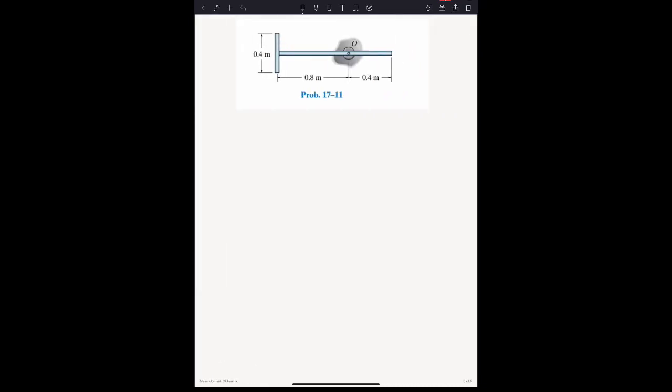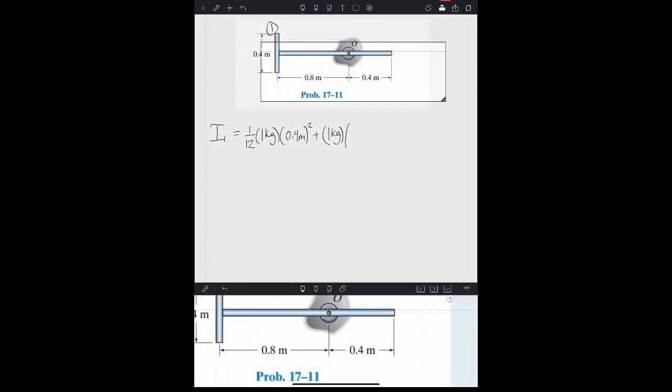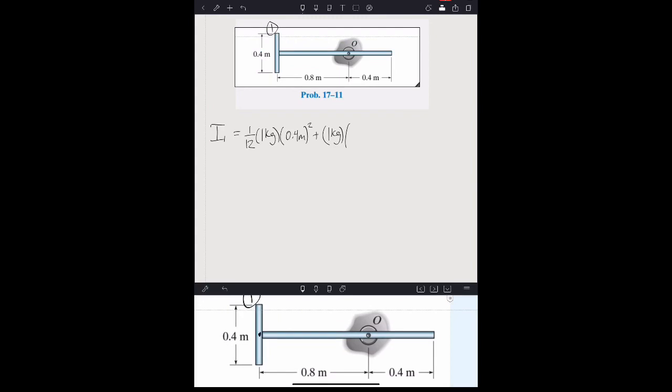So let's do it. The moment of inertia of shape 1 is equal to the moment of inertia about its center of mass, 1/12 times 1 kilogram times its length, which is 0.4 meters squared, plus the mass times the distance between its center of mass and the overall center of mass.